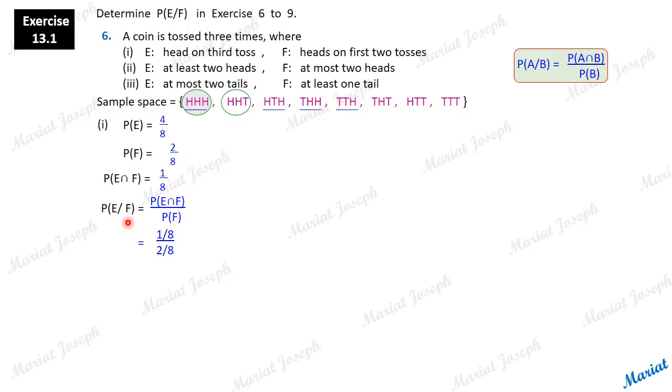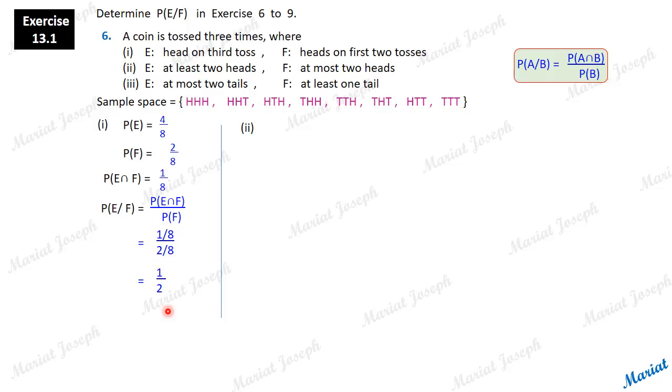Remember, conditional probability is a ratio of 2 simple probabilities. Each of them should be considered out of the total sample space. The intersection out of 8, the probability of F also out of 8. Then simplify it. It gives me the conditional probability equal to half.